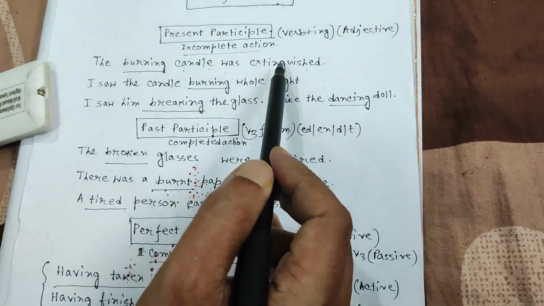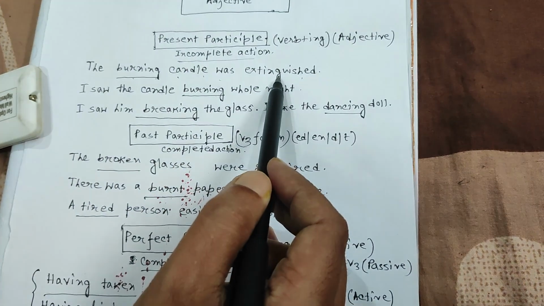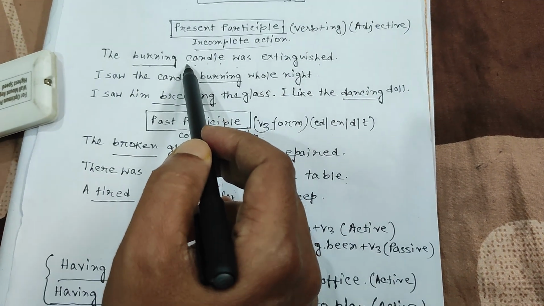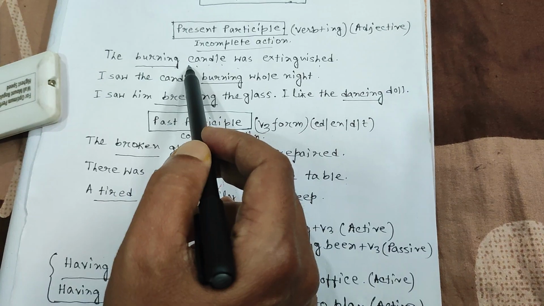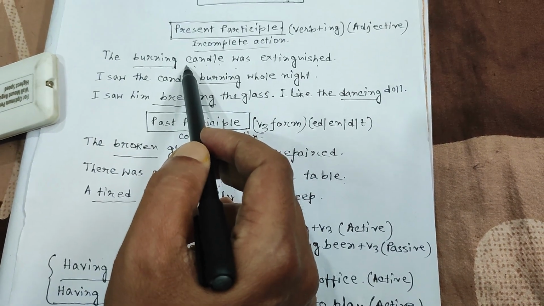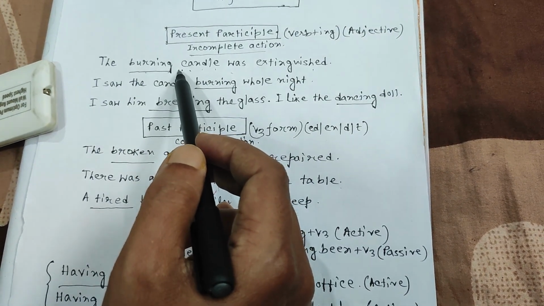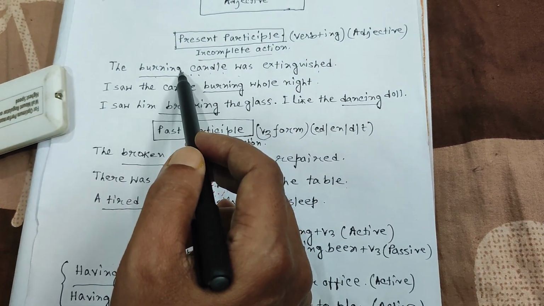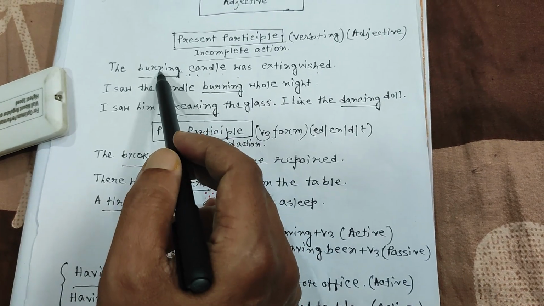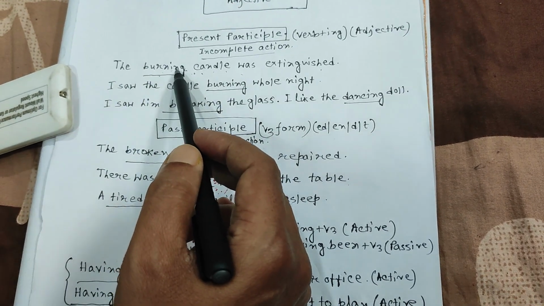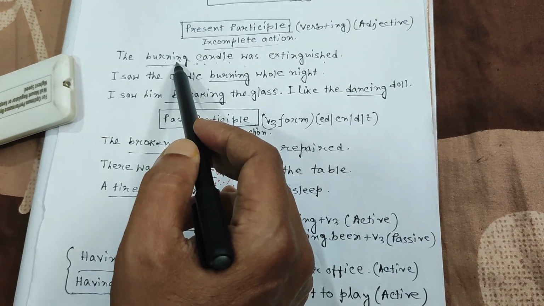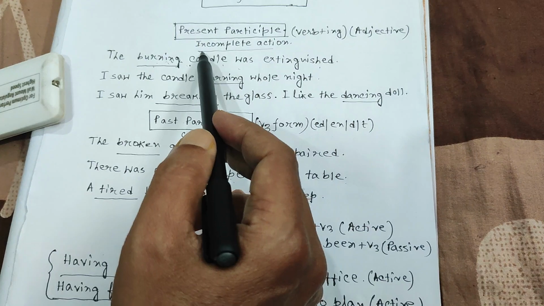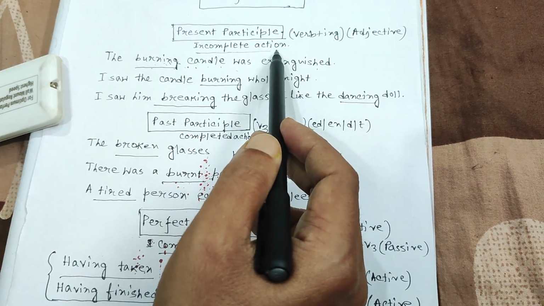So a candle was burning and someone went there and extinguished it. But at that moment, it was still burning. The action of burning was still continuing. It was not completed. That is why present participle is used here, because of incomplete action.